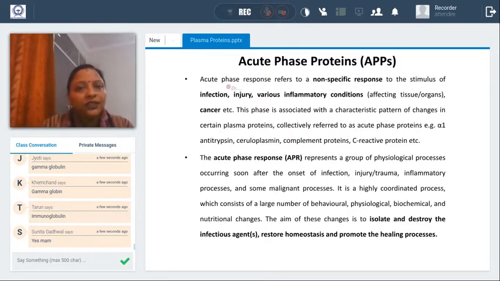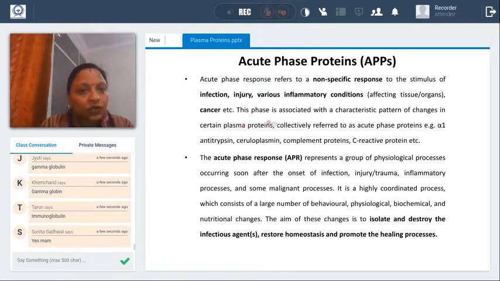This is called APR, acute phase response, and this is APP, acute phase proteins, proteins which are involved in the acute phase response. Now is it clear? The proteins which are involved in APR are called acute phase proteins. So now is it clear to all of you?